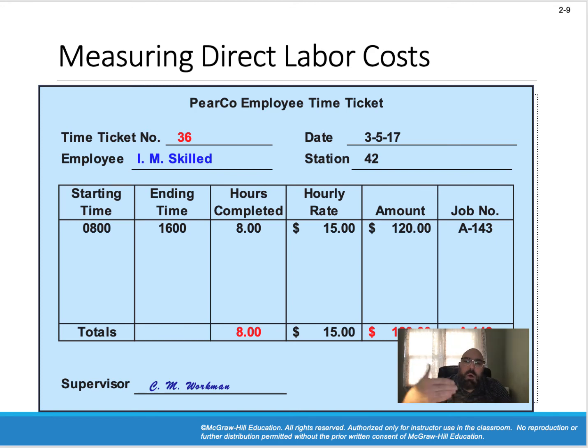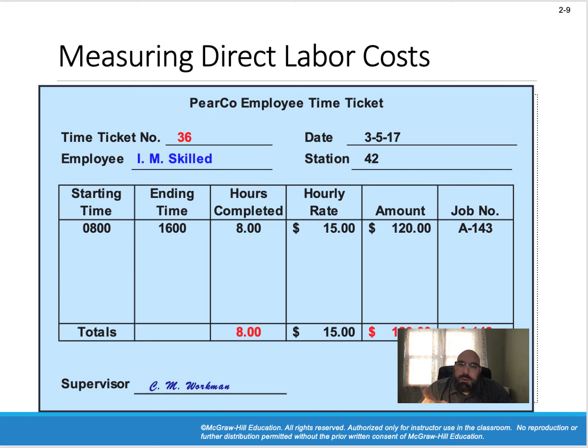On this time card, we see the total hours that this employee worked on this job. We see their hourly rate. And if we multiply hours worked times hourly rate, we get the total amount that we have to pay this employee to make these products.